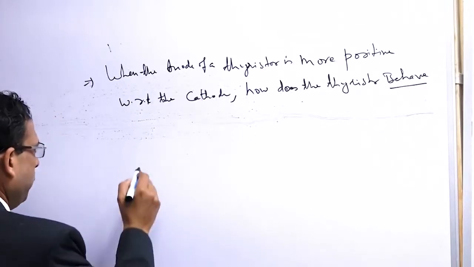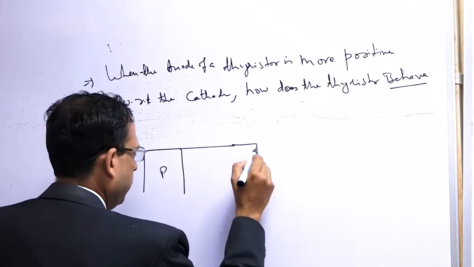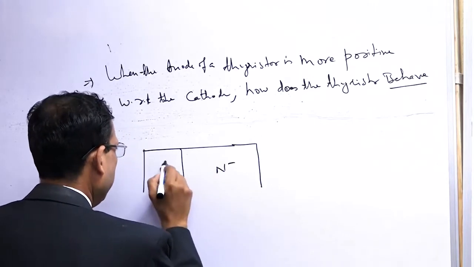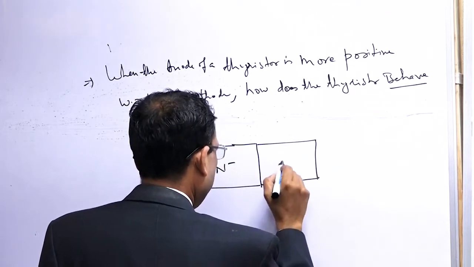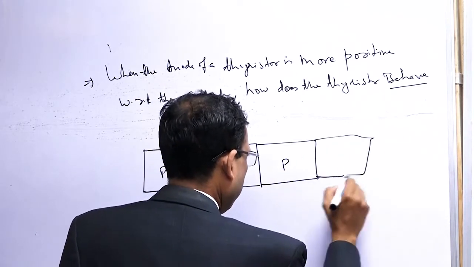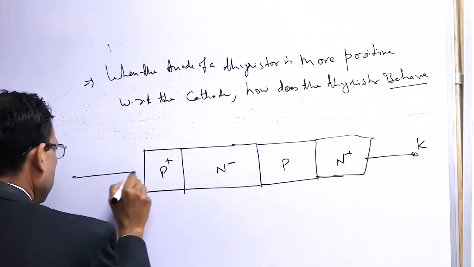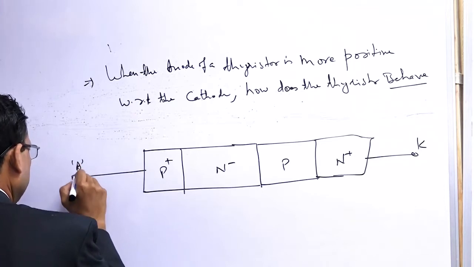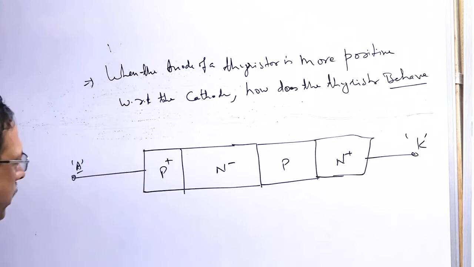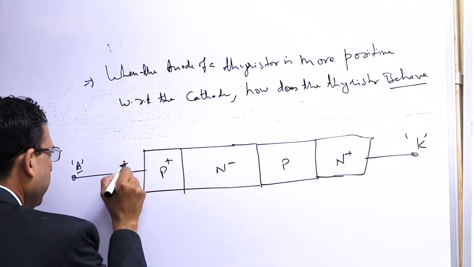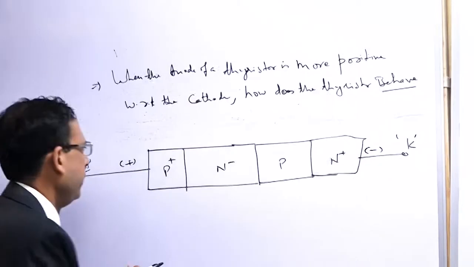Yes, so now we are going to draw the same thyristor. This is P, this is N minus, this is P plus, this is P, this is N plus. This is the cathode and this is the anode. Now you tell me, when the positive is applied and the negative is applied, what will happen?